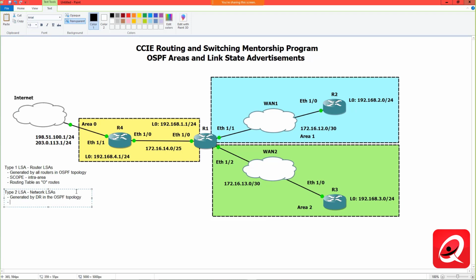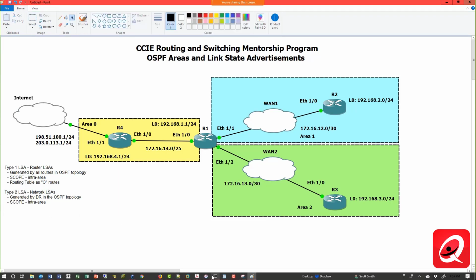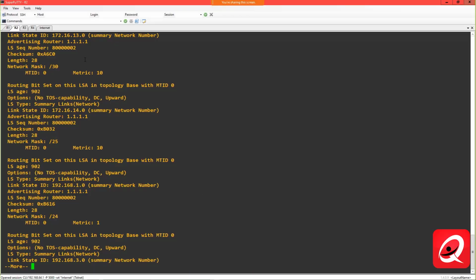The scope of these type 2 LSAs is intra-area, and they don't actually show up in the routing table as a route. Because if you recall from our discussion, type 2 LSAs don't actually describe prefixes, they describe multi-access networks.